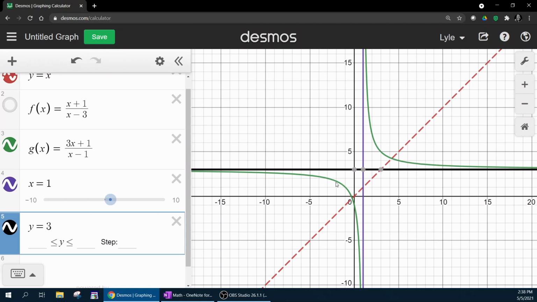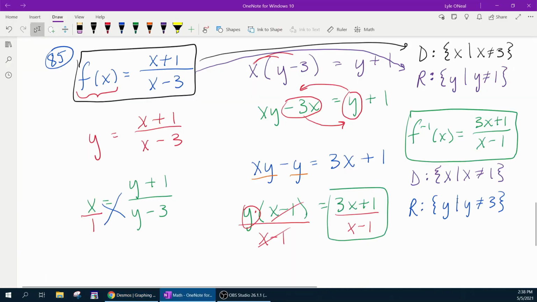And so that's a y value that is not in the range of the function. It goes to minus infinity, it goes to positive infinity, but it doesn't exist at the horizontal asymptote. And so this verifies my domain and my range of both the original and the inverse function.